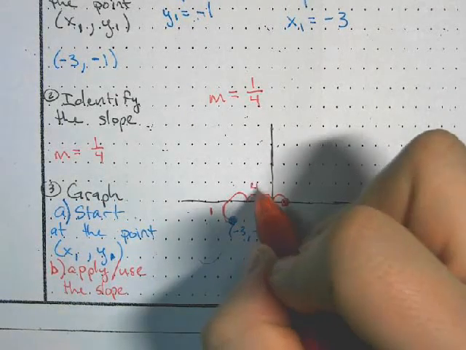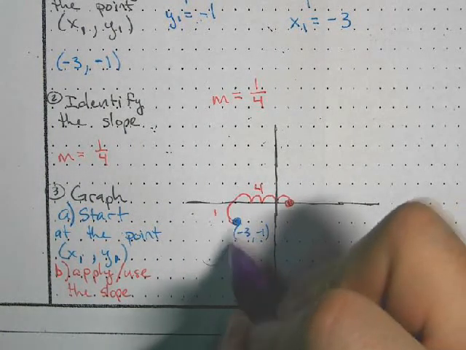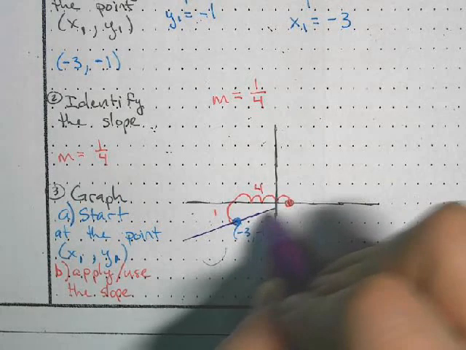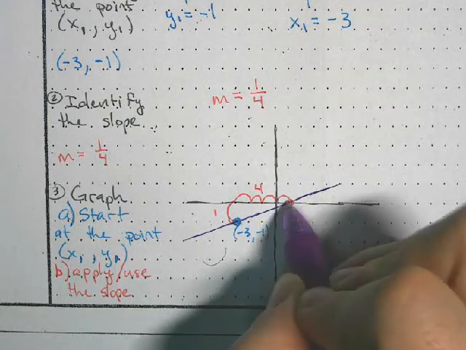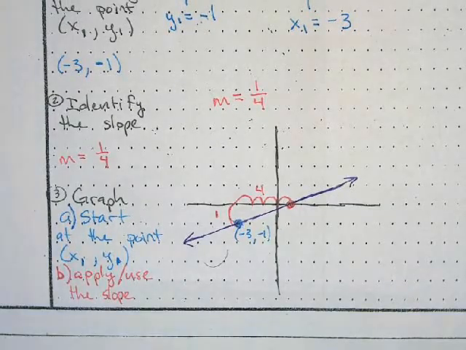And there's our second point. Now we connect the dots, like that. And we graphed our line.